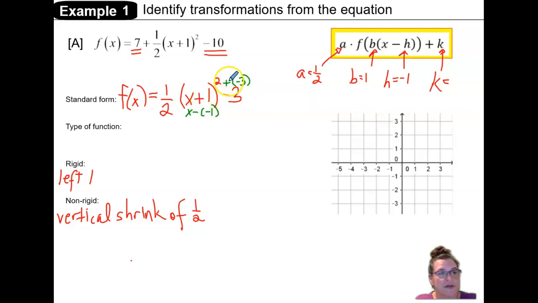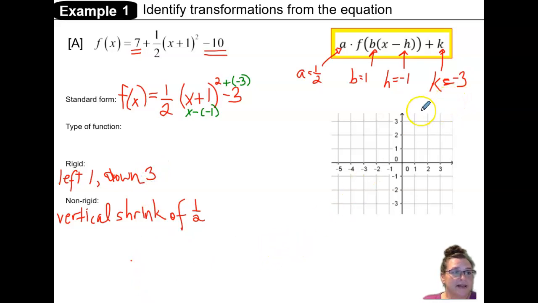So minus 3 is plus a negative 3, so the k is equal to negative 3. Okay, so now I know my a, my b, my h, and my k. Since the k is negative, I have a rigid transformation that's making my graph go down 3 units.